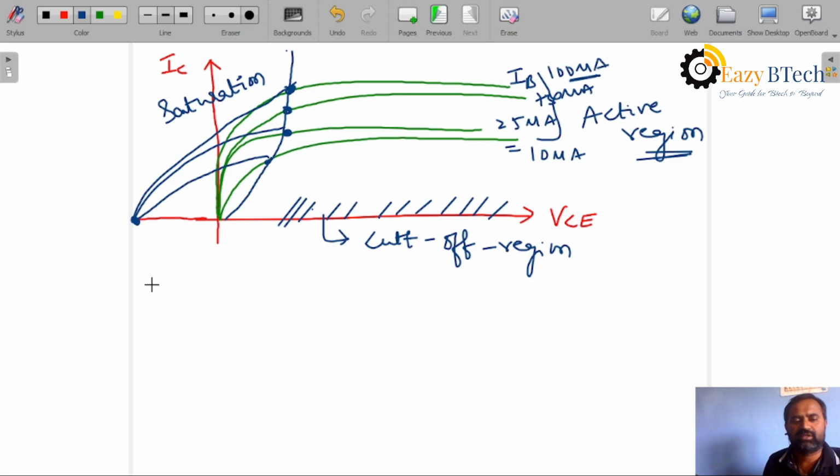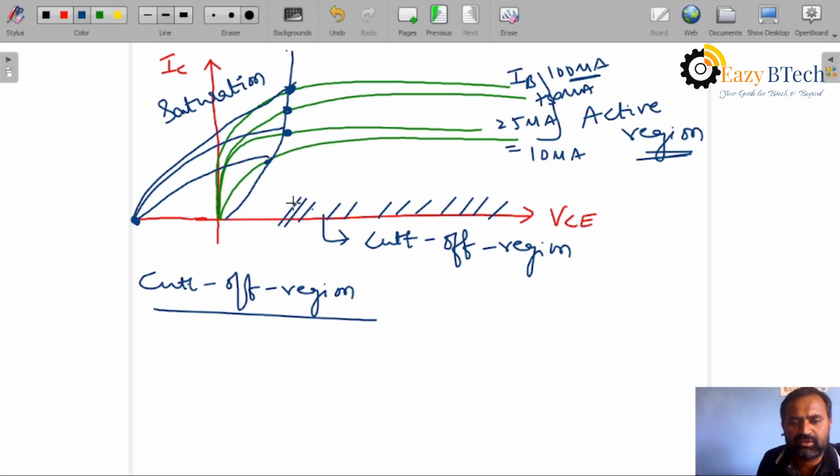Okay. Now what is the cutoff region? Now you can see, students, the cutoff region means this is the cutoff region.